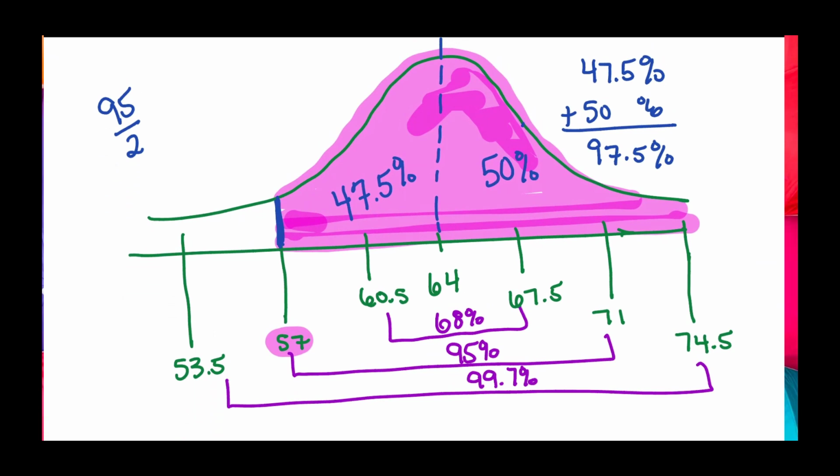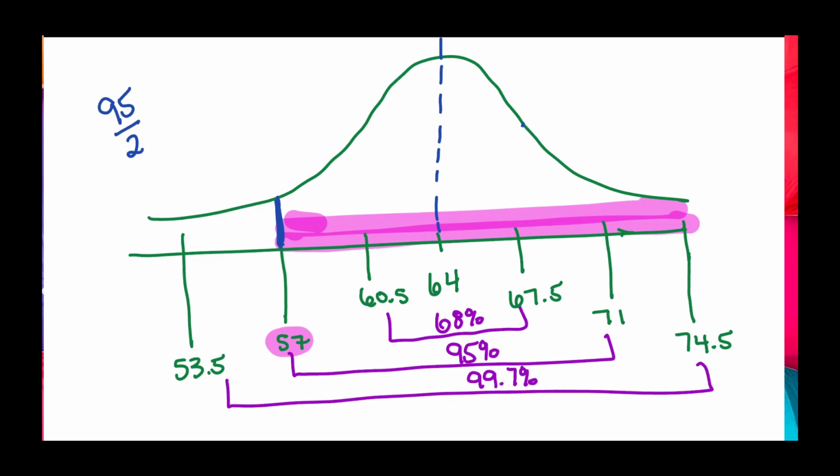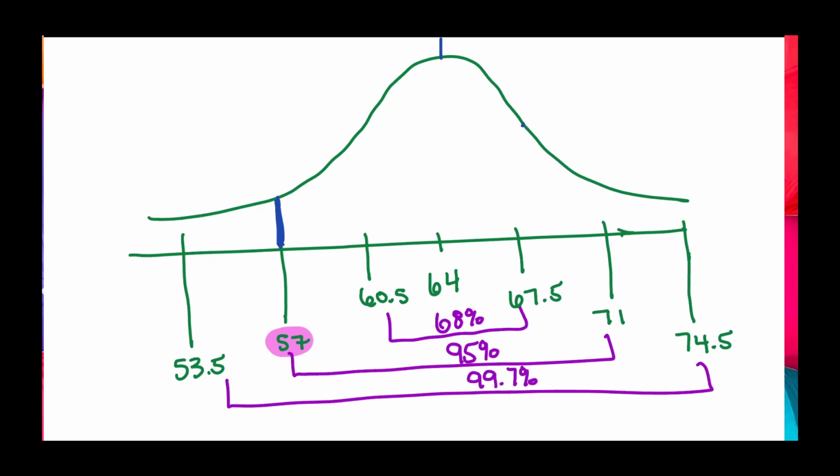I want to show you that that's not the only way that we could arrive at that answer, because like I said, there are several different ways that you can do this. Erase all of this. Okay, so again, 57. I can use the fact that I know between here and here is 95%.